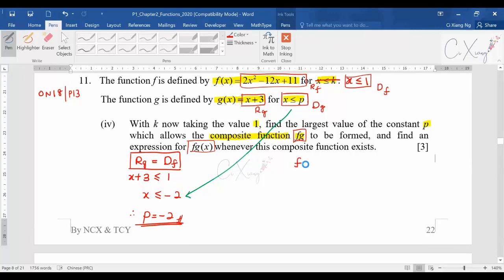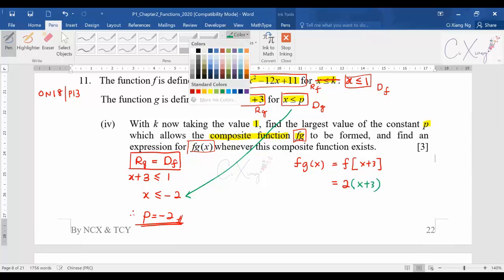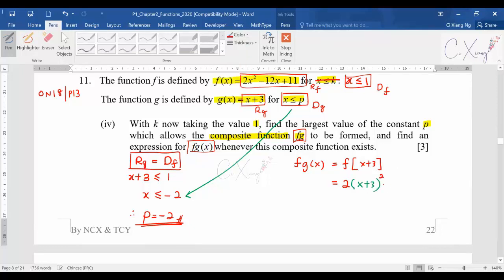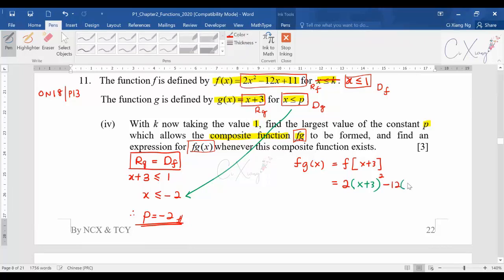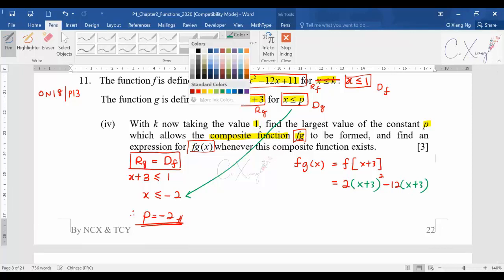Your g(x) is x plus 3. Then you substitute the x plus 3 into your function f. So you have 2 times (x plus 3) squared, minus 12 times (x plus 3), and then plus 11.